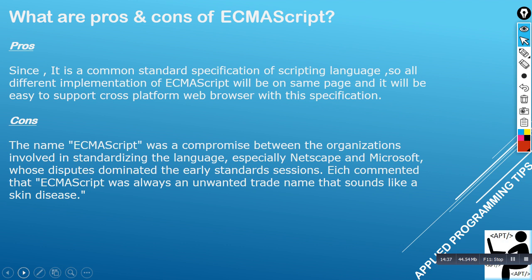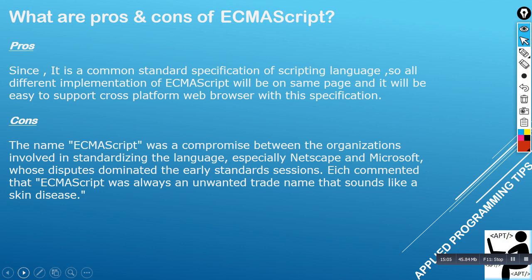So what are the cons? ECMAScript was a compromise between the organizations involved in standardizing the language, specifically Netscape and Microsoft, whose dispute dominated the earlier standard sessions. Each commented that ECMAScript was always an unwanted trade name that sounded like a skin disease.